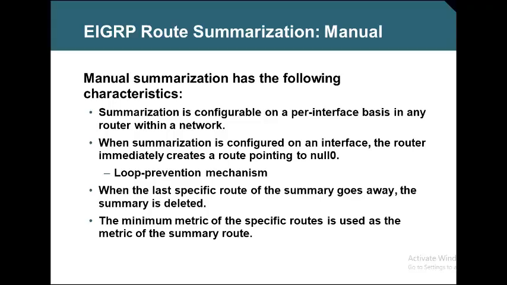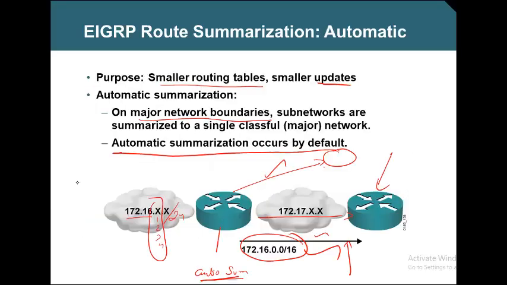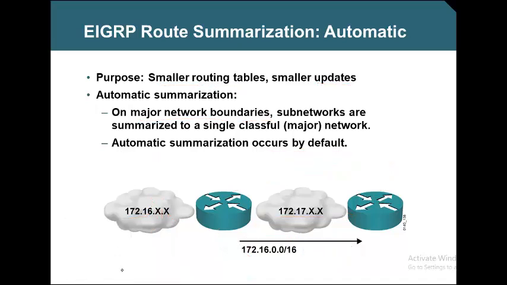Okay, now what is manual summarization? Manual summarization is summarizing at the interface level. For example, this router B should get detailed subnets like 1, 2, 3.